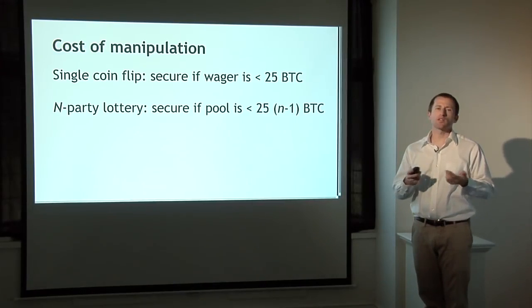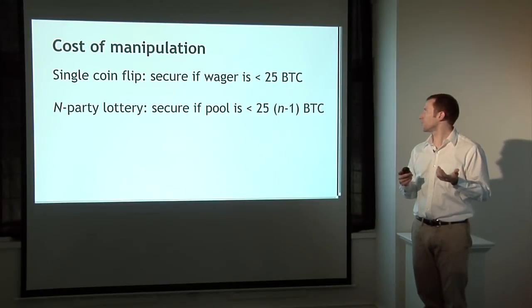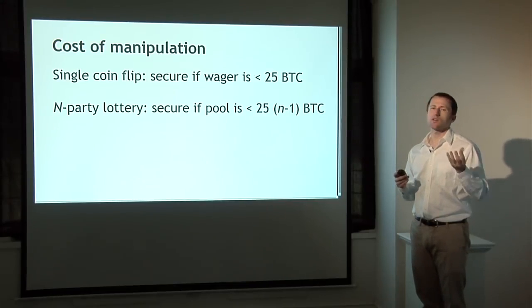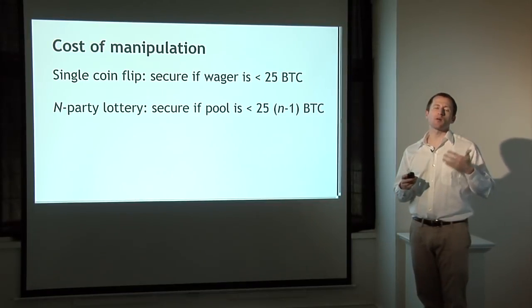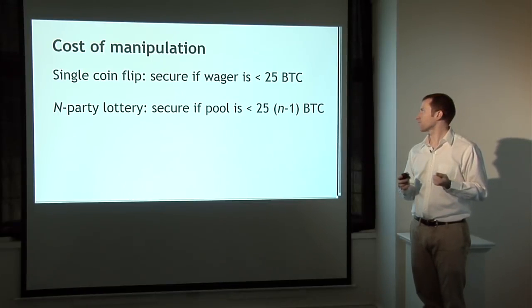So what's the practical cost of manipulation? Say that you're doing a single coin flip. Like I said, the expected number of blocks that you are going to lose the reward for is 1/p - 1. And with a single coin flip, p is just a half. So you'll get that you have to discard about 1 block on average and eat that whole 25 Bitcoin cost.